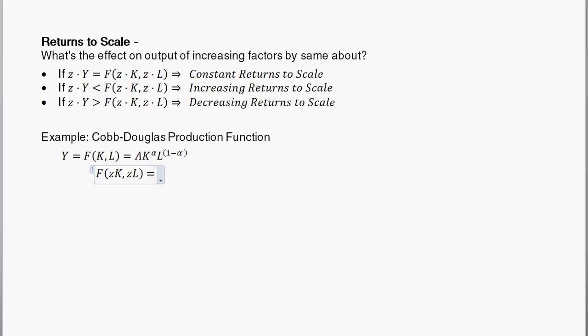So I take the production function, and I increase K by z, and I increase L by z. How does that change production? Well, you could pull out z in front of K here, and you could pull out z in front of L here, and you get the following.